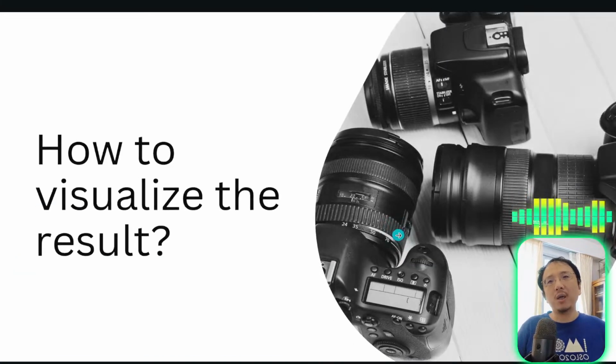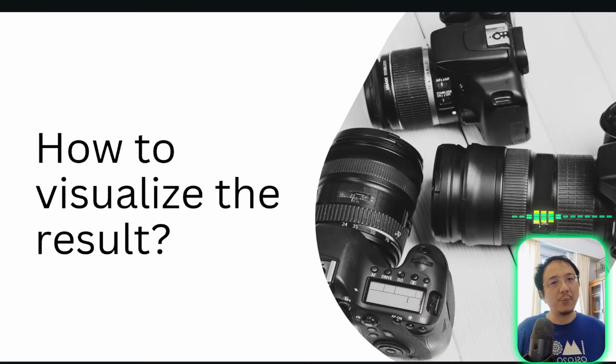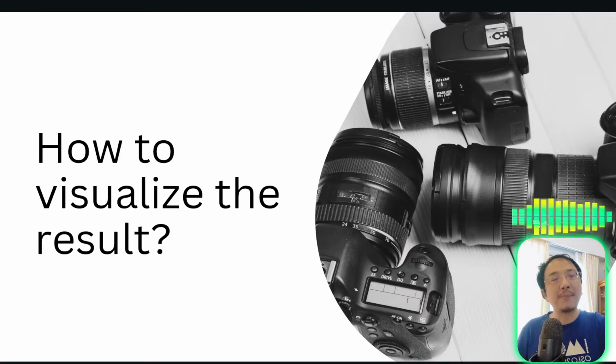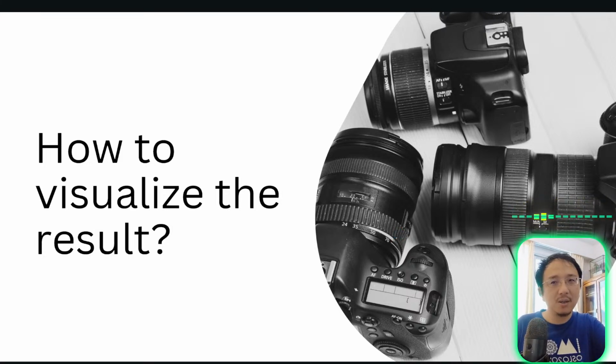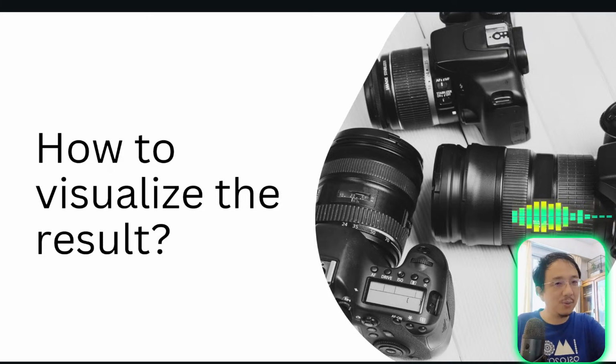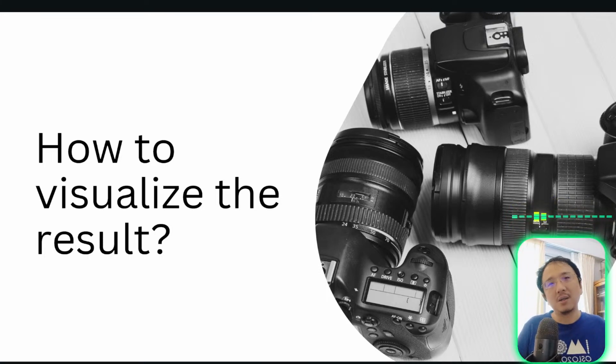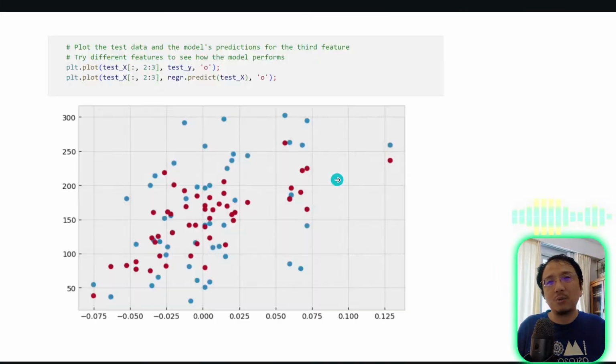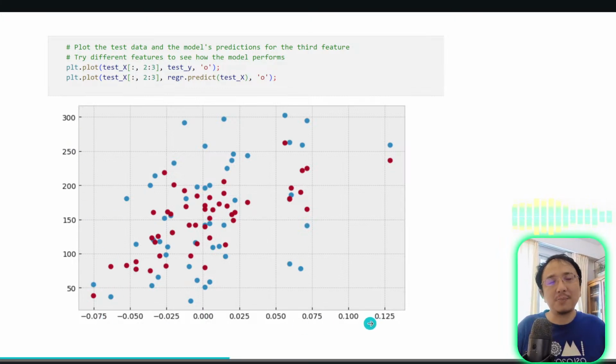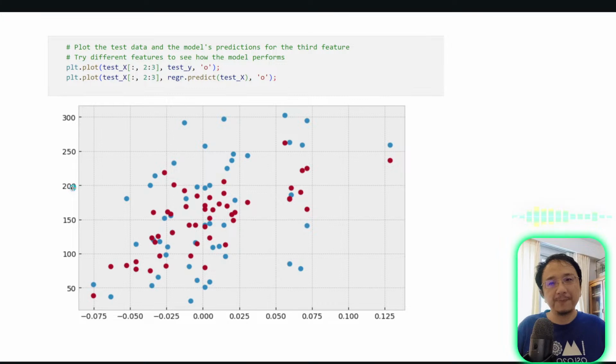But how do we actually visualize the result when we use a multi-dimensional feature? We still want to visualize it. We are not giving up the visualization. So one way to do that is you just use one feature at a time. We're still using one feature as the x-axis, and of course, you need the y-axis as the target.